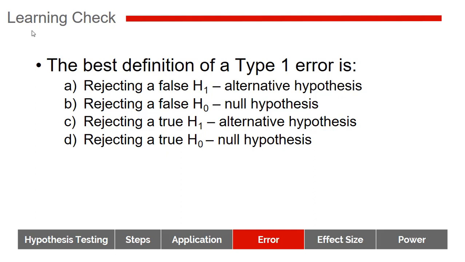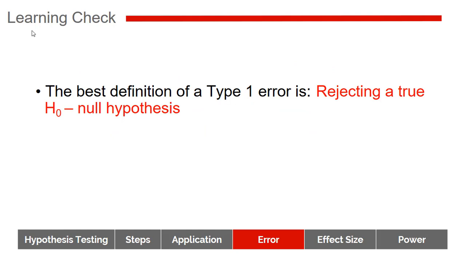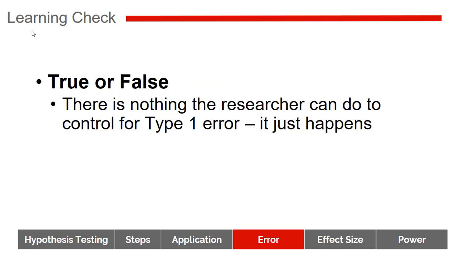So is type 1 error rejecting a false null, or is it rejecting a true null hypothesis? And the answer is it's when we reject a true null hypothesis. The null hypothesis says there's no difference. And if we reject it when there really was no difference, we are saying something is there when in actuality it's not there. That's a type 1 error.